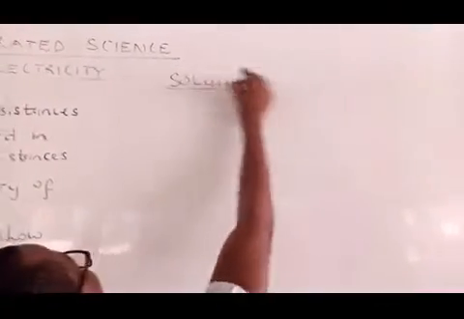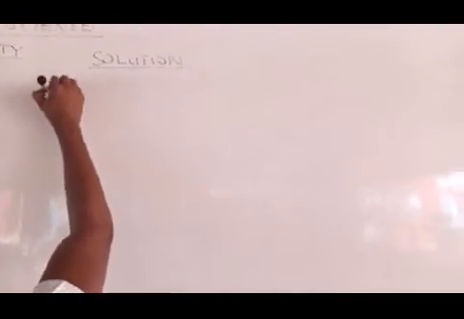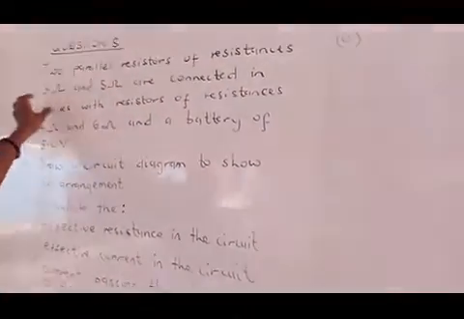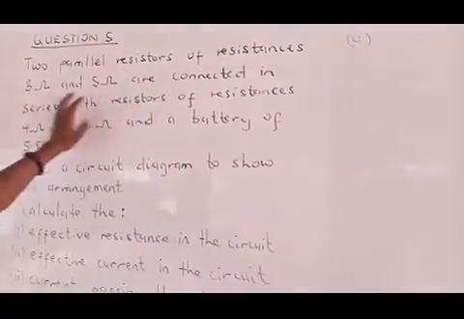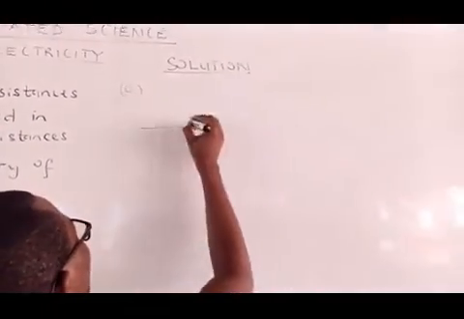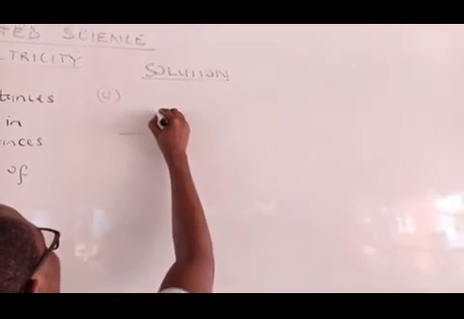Your solution, question A, is asking for the circuit diagram. So here we have the first portion of the question that says that there are two power resistors. So you show in the diagram the arrangement of the power resistors.